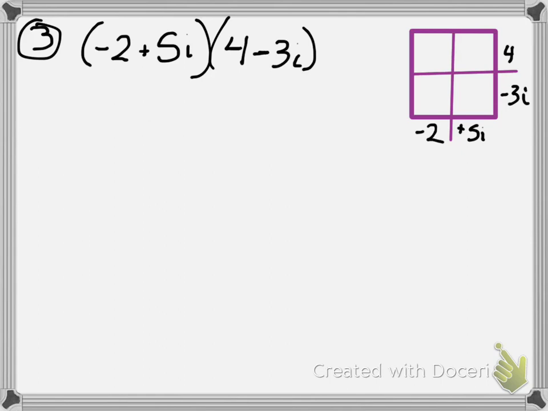And so let's find our real parts. Negative 2 times 4 is what? Negative 2 times a negative 3i is going to give us... 5i times 4 gives us 20i.